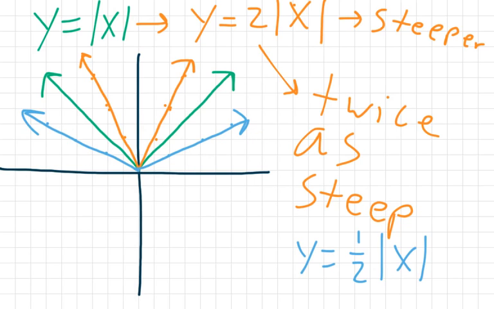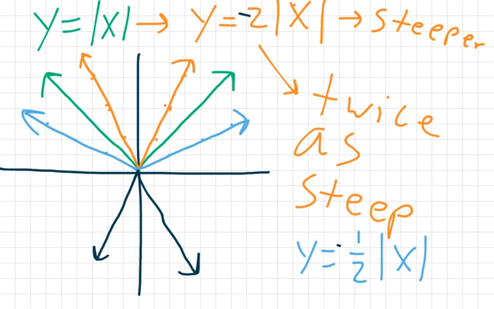So more than 1, more steep, less than 1, less steep. And of course, if I put negatives in front of these, it would just make it go down. So if I put that negative there, it becomes this function here. So the negative will flip it over and become a little steeper. So the multiples in front, whether they're negative or a number, will kind of change how narrow or wide the arrows will be or where they face.